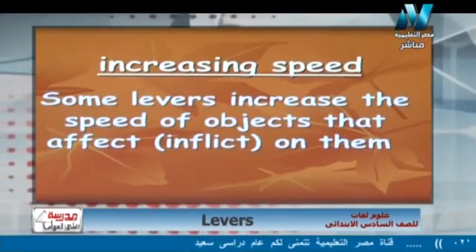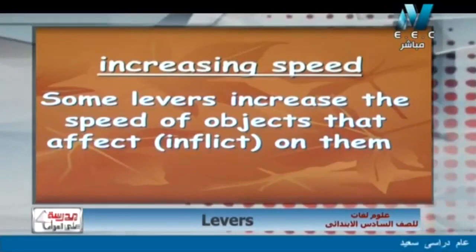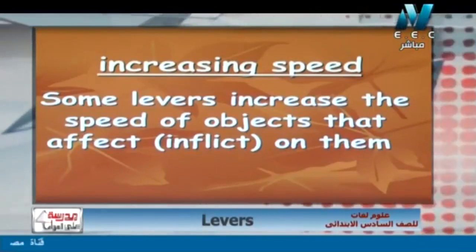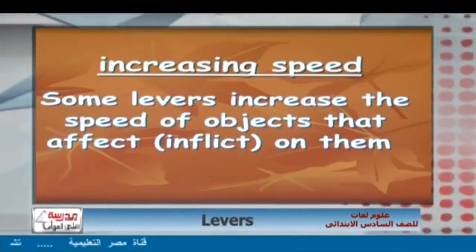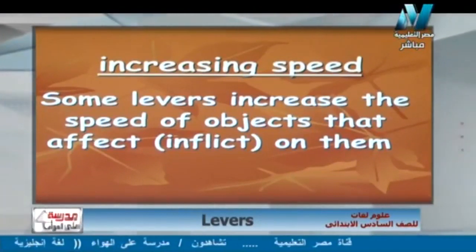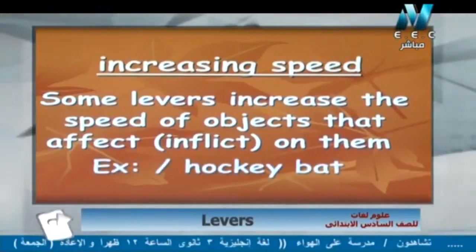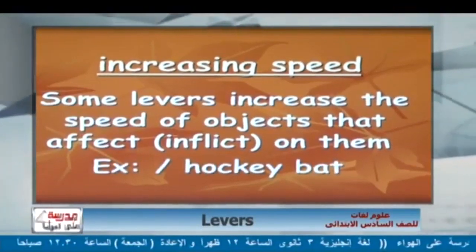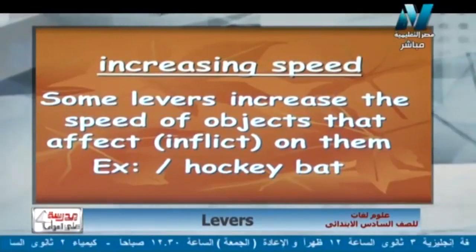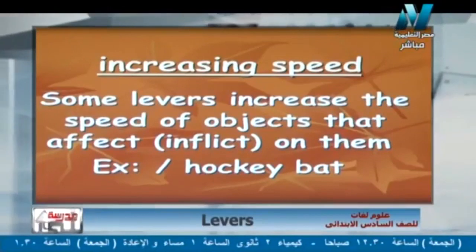Number 3, increasing speed. Some levers increase the speed of the object they act on, such as any bat, such as a hockey bat or a ping pong bat. By the way, we consider these levers, the hockey bat and the ping pong bat, so they increase speed a lot.